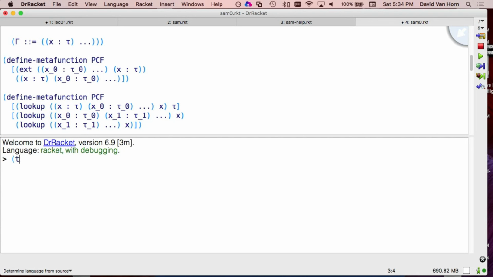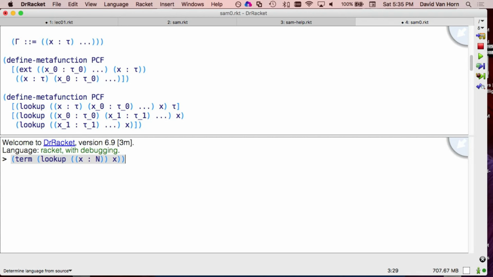So if I write the term lookup of, let's say x gets bound to the type nat, and that's the only thing in my environment. Okay, so remember how I used define term and I defined Sam to be a number and that got interpreted in my term language?